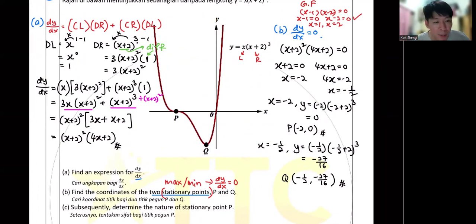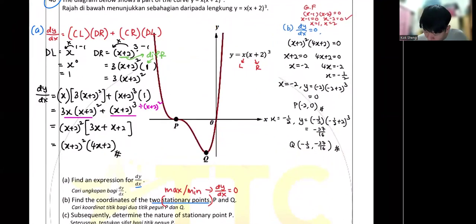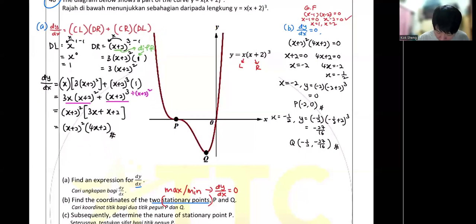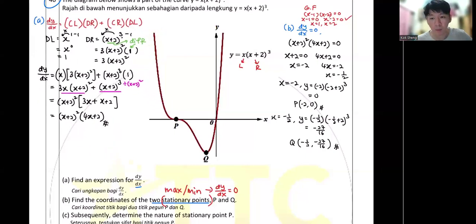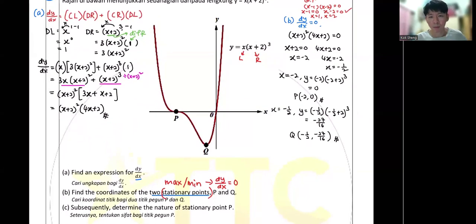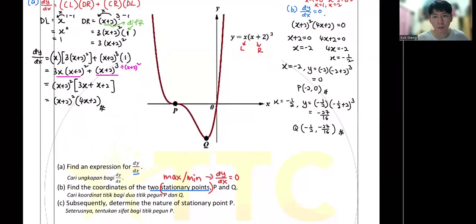Yeah, I think I need more space for question C. Okay, still can. Can go for question C now.